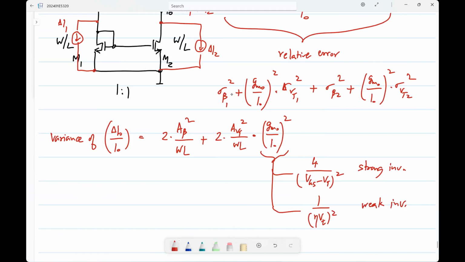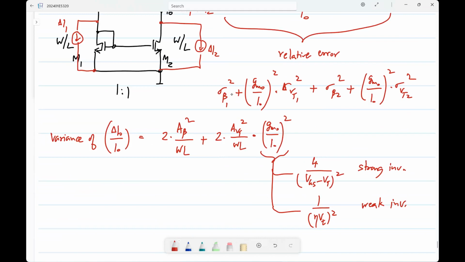Is that fine? So this is an example. Now even here you can see, maybe there is some design implication. So first of all, should you operate in strong inversion or weak inversion for lower mismatch? Strong inversion. Why? So VGS minus VT should be above 150 millivolts in strong inversion.